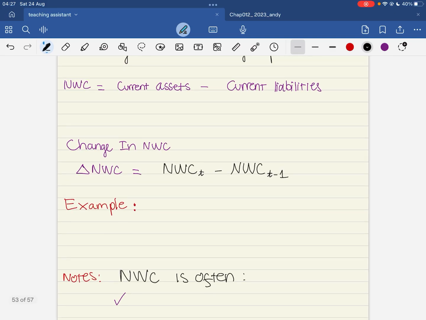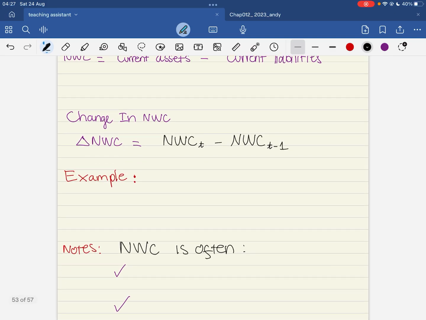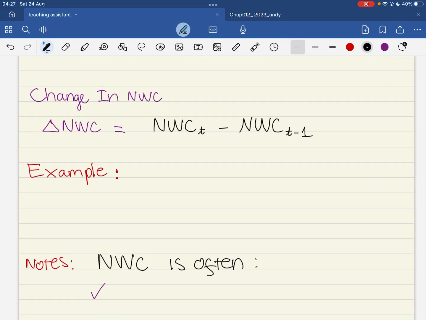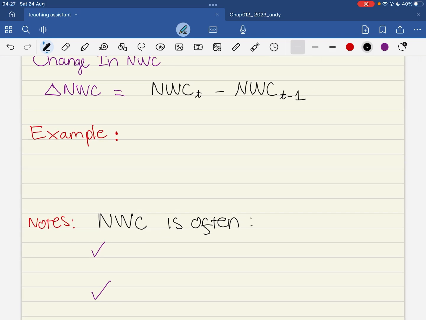Now we already know the definition of net working capital, we can easily understand the change in net working capital. The change in net working capital is the difference between the net working capital of the current year and the last year. For example, in year number 1, let's say you invest minus $20,000.